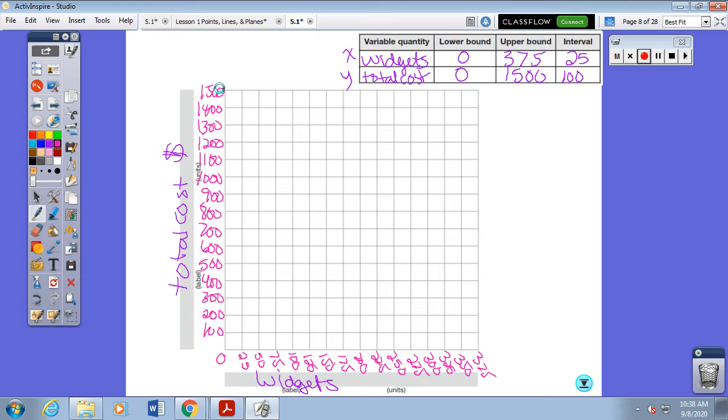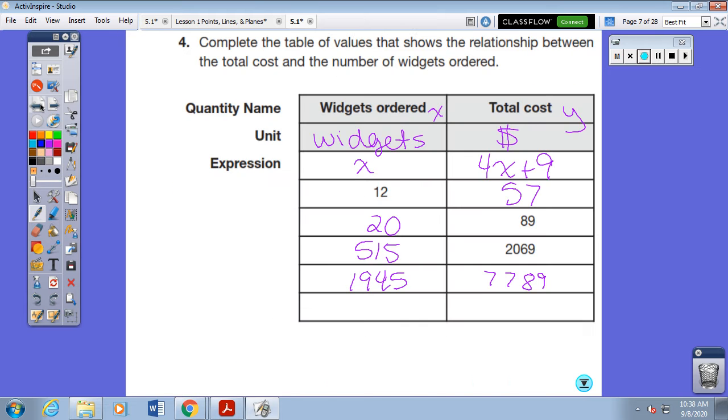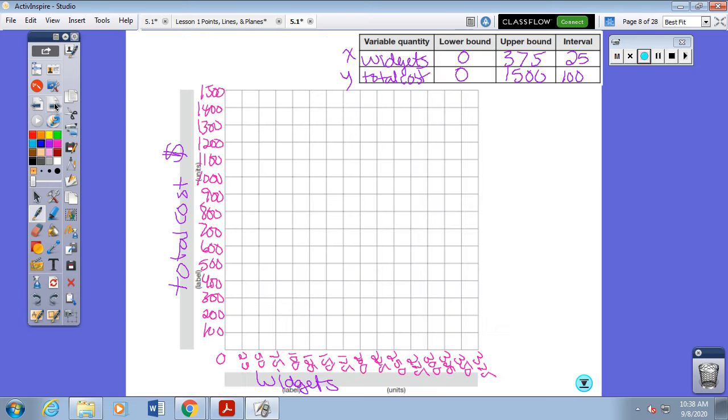Okay, so then we're going to plot the points from the prior page. So on that chart that we had on this page, we're going to plot those. 12, 57, 20, 89, so on and so forth. So 12 is going to be roughly toward the middle, 57. So they're not going to be perfect.